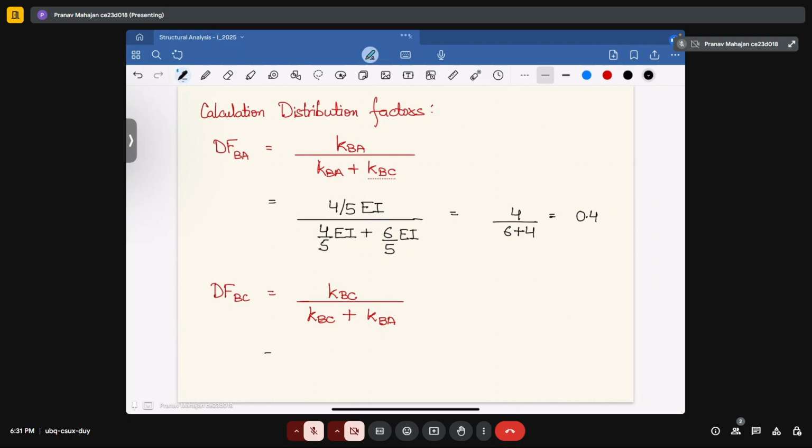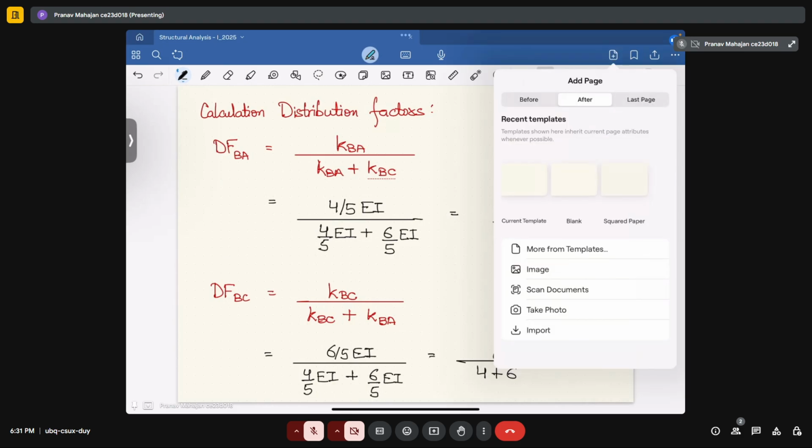Now this will give you the value as 6 upon 5 EI divided by 4 upon 5 EI plus 6 upon 5 EI, and that will be equal to 6 divided by 4 plus 6, which is equal to 0.6. Okay, so if you add both of them, you will get the value equal to 1. That means your answer is correct.